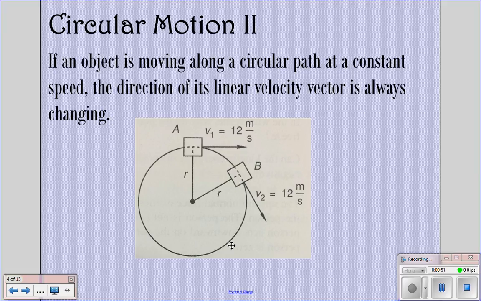Remember that for your velocity to be constant, you would have to have the same speed and the same direction. But since the direction is changing, your velocity is actually changing.